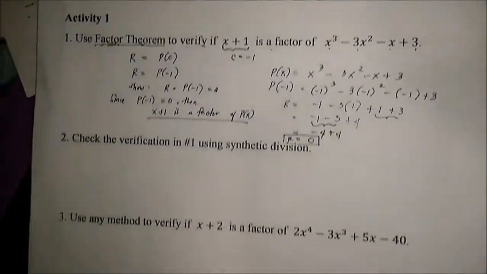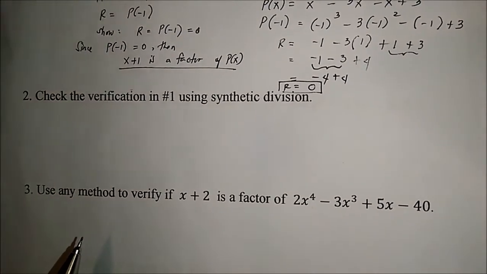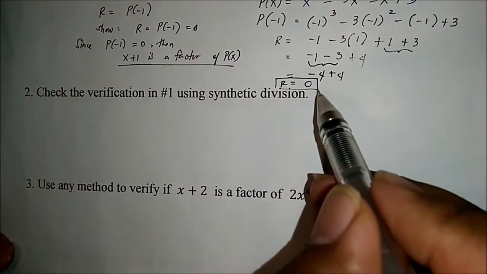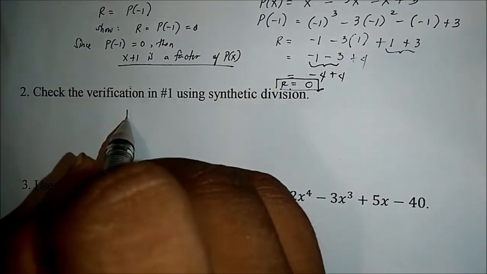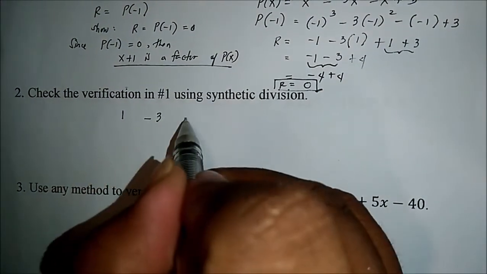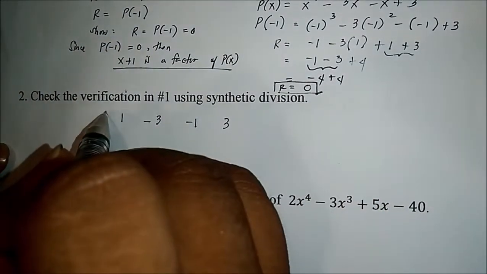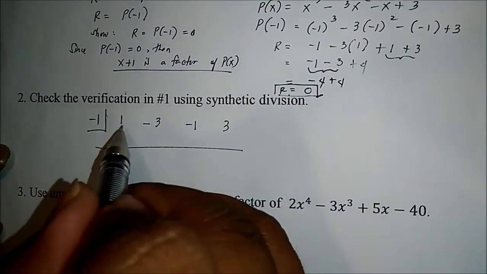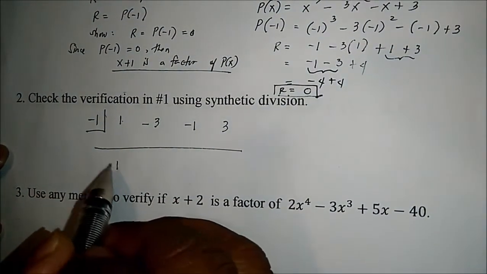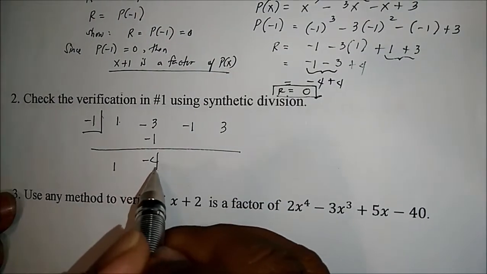Now, let us have number 2. Let us check the verification using synthetic division. By synthetic division, let us see if the remainder would really be 0. We have 1, negative 3, negative 1, positive 3. The synthetic divisor is negative 1. Bring down 1. 1 times negative 1 is negative 1. This is negative 4.